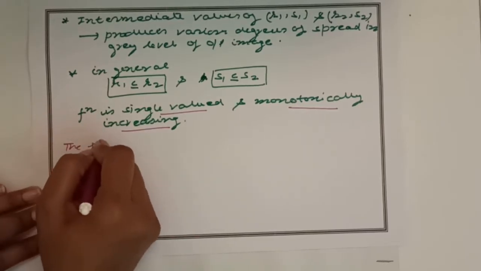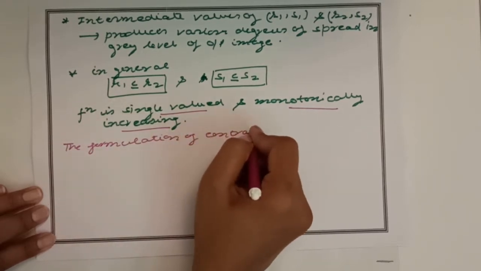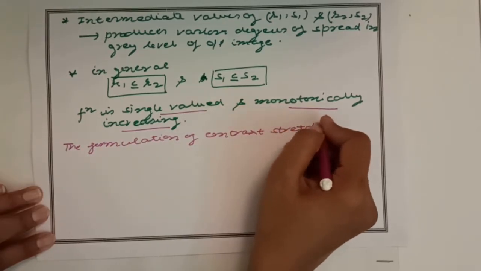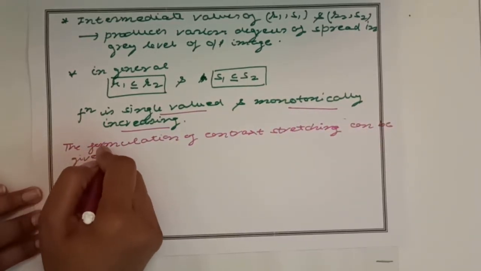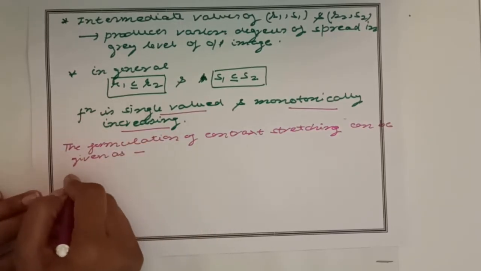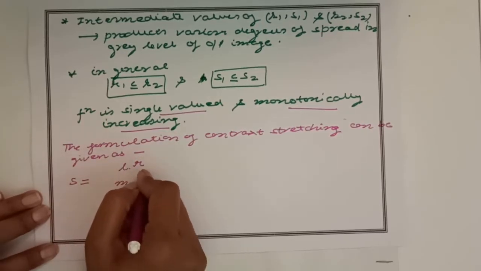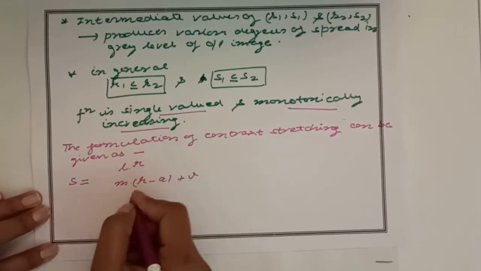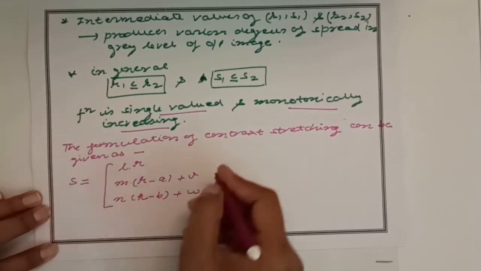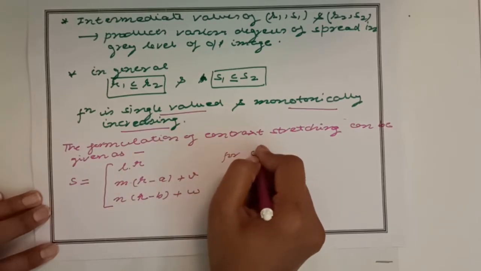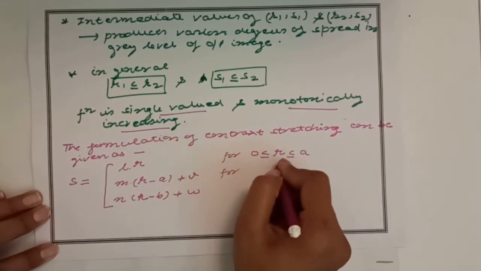The formulation of contrast stretching can be given as: s is the output, l into r, m into (r minus a) plus v, n into (r minus b) plus w. This is for when r is between 0 to a.